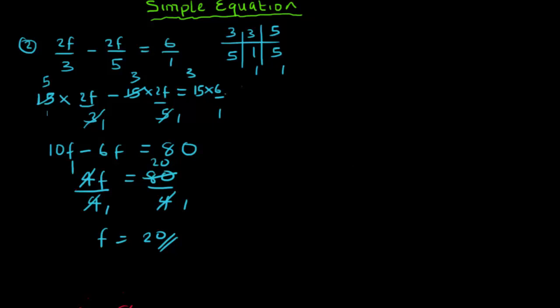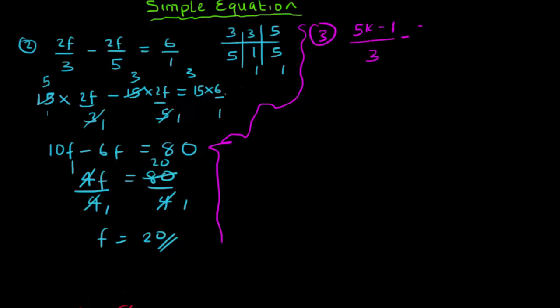Let's take another example. Let me do the third example here. Number 3: 5k minus 1 all over 3 minus 2k plus 2 all over 2 equals 0. Find the LCM of 3 and 2. 2 here is 3, 1. 3 here is 1, 1.